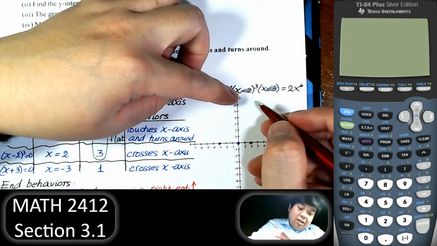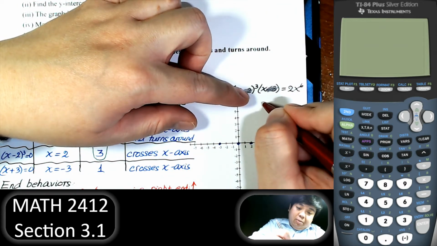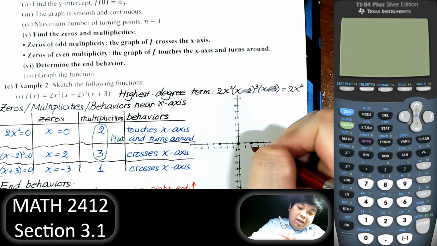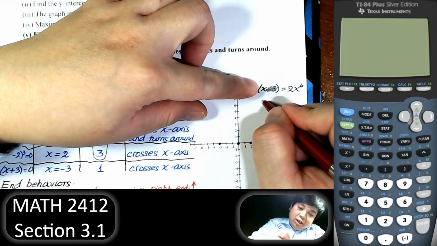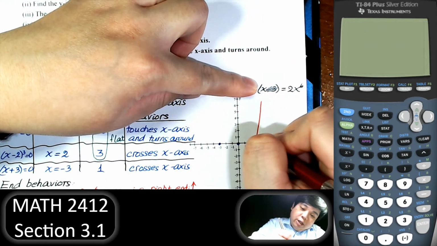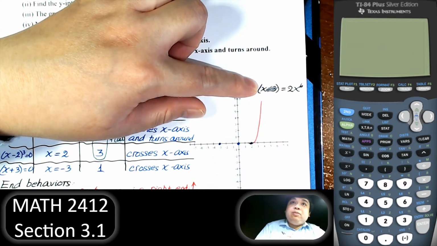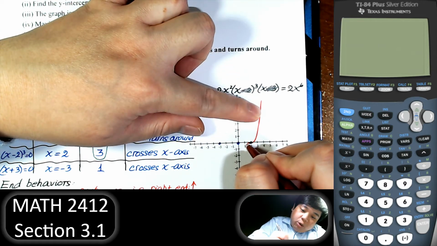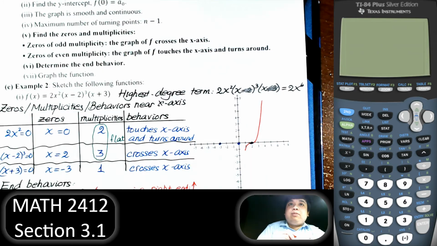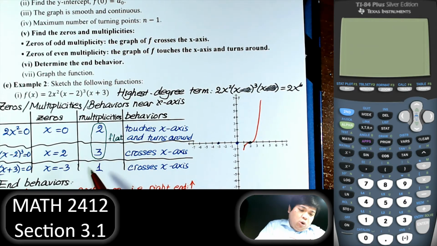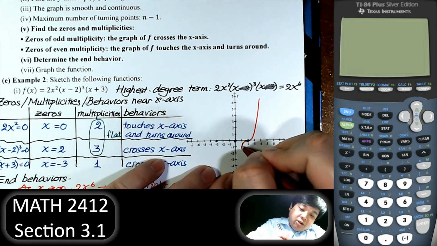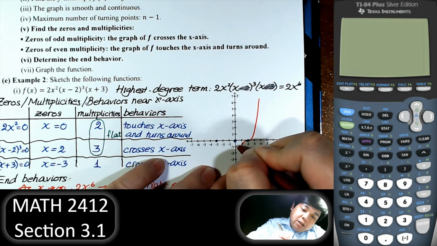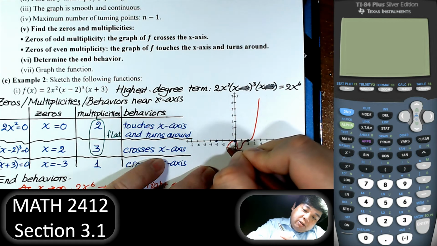On the right end it is up, and when it hits the 2, it will be flat at the 2, so it will be like this. It's flat, but it will go through it. Now with that, of course, it has to go up and hit this point again, right? But when it hits the 0, it will touch the x-axis and turn around. So we'll come back, touch the x-axis and turn around.